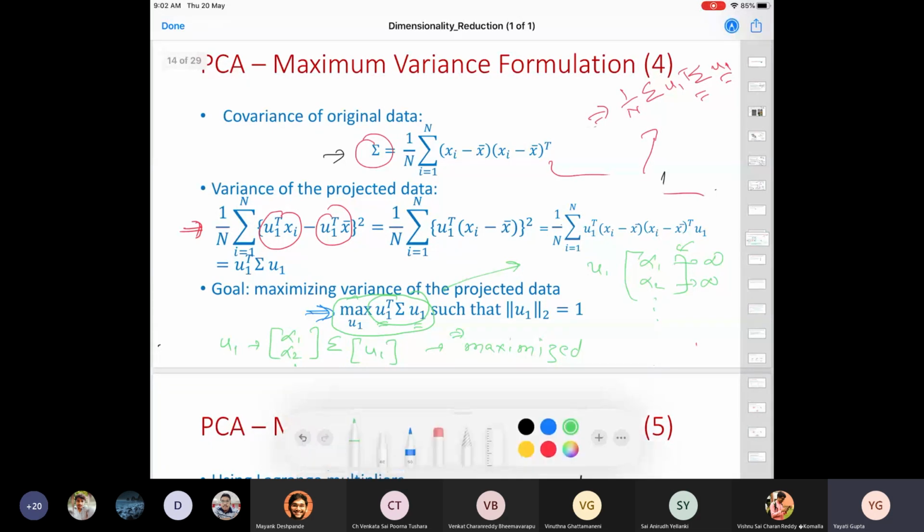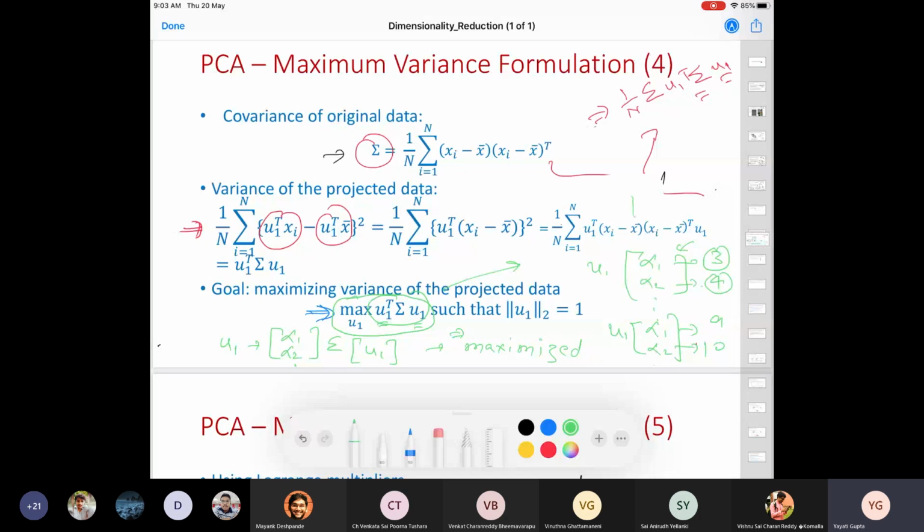Let's say there are just 2 dimensions. If I take alpha 1 to be 3 and alpha 2 to be 4, and another case where I take alpha 1 to be 9 and alpha 2 to be 10, in what case do you think this product would be maximized?